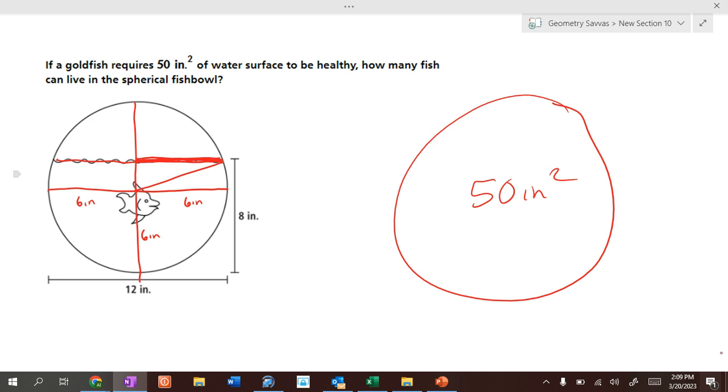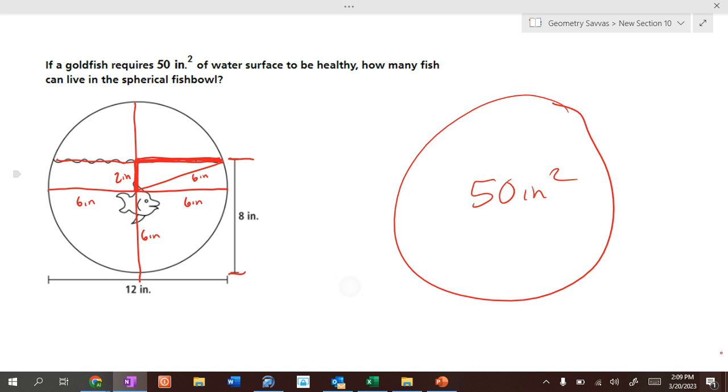I know this is 6 inches, right? Because that's my radius. How long is this little up and down segment here? 2 inches. Because it has to be 8 inches from the water level to the bottom. And if this is 6, then it's another 2 here.